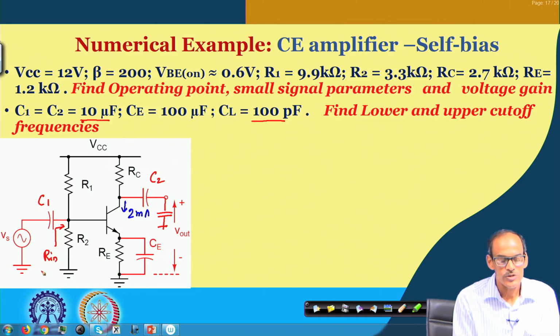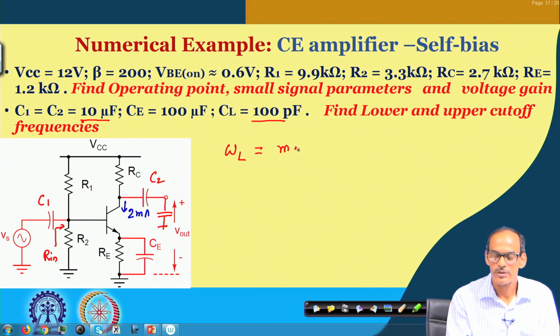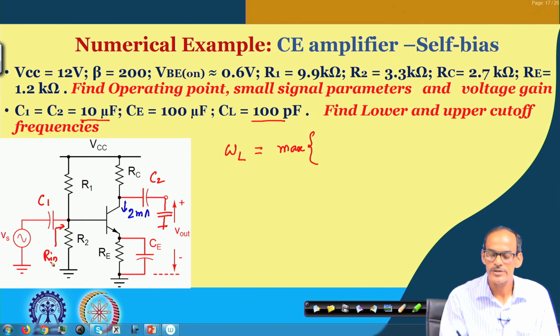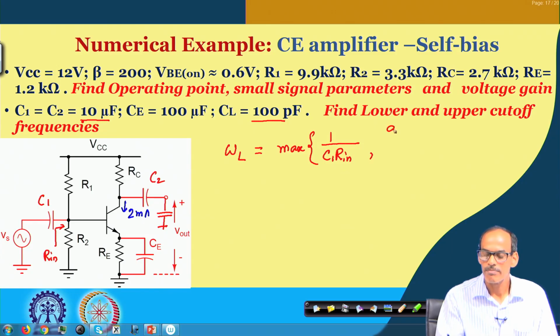And as I said, for the lower cutoff frequency omega L, we do have two candidates to define it. One is 1 by C1 and R in, and the other one is GM divided by CE.